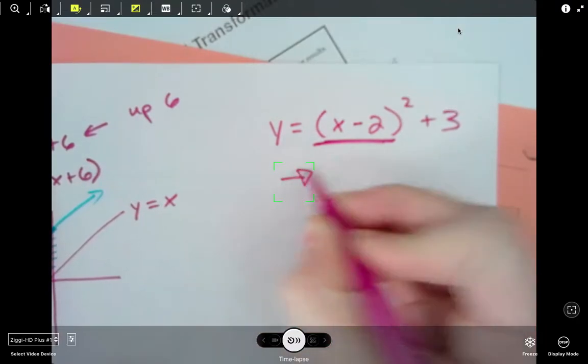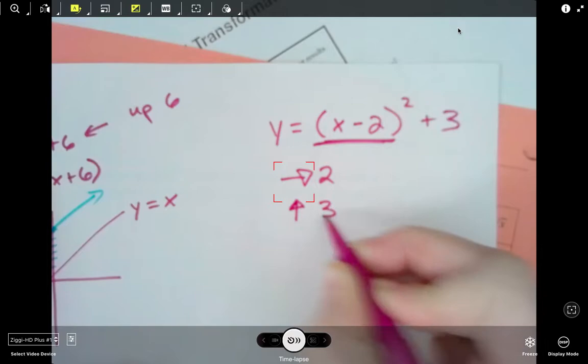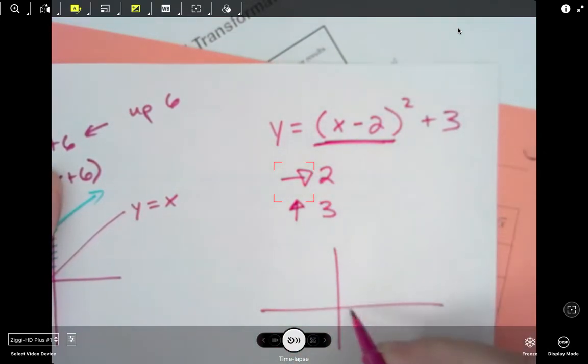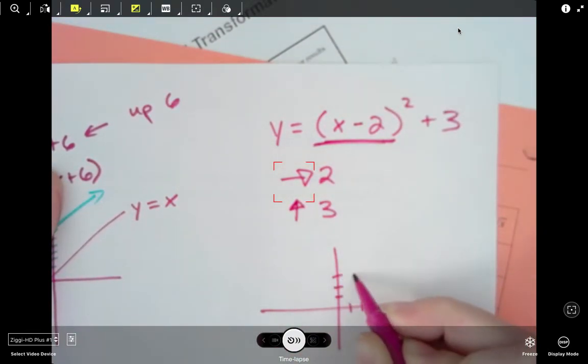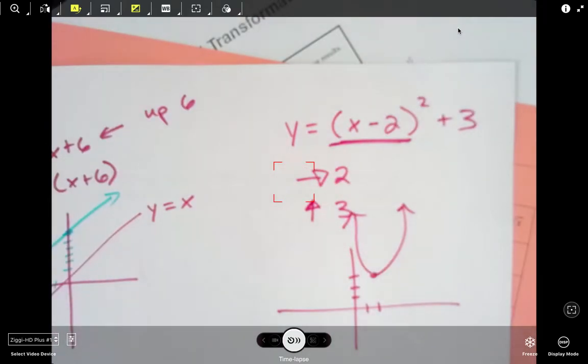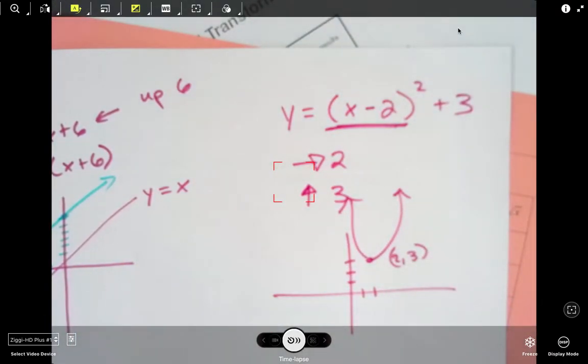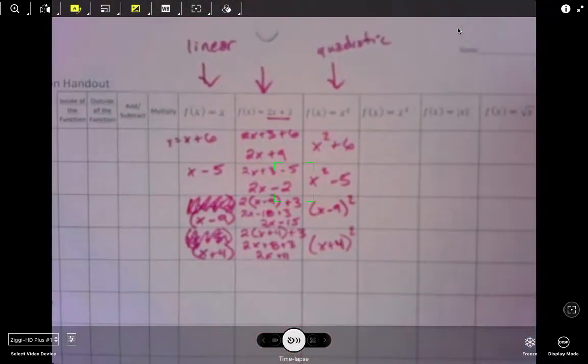So that's moving it 2 units to the right, and the 3 is moving it up 3. So basically my parabola is 2 to the right, up 3, and I have my vertex, and it looks like this. That's why they call that vertex form, because I can figure out where my vertex is located. It's located at the point 2, 3. Does that make sense? So it's because of these transformations that vertex form exists like that.